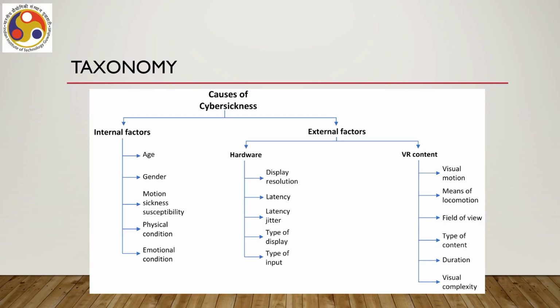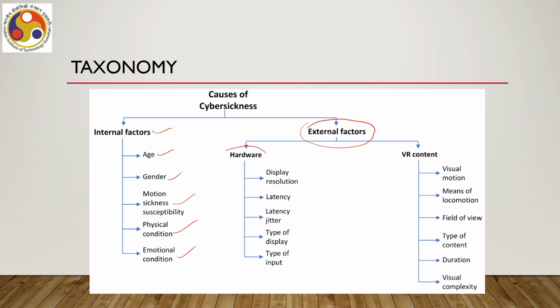So, let us first quickly have a look and complete our discussion on the remaining part of the causes. So far, we have covered the internal factors, that is age, gender, motion sickness susceptibility, physical condition and emotional condition. We have also partly covered the external factors.